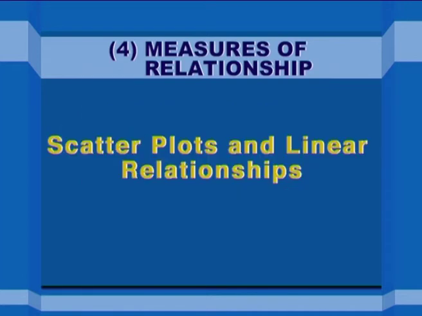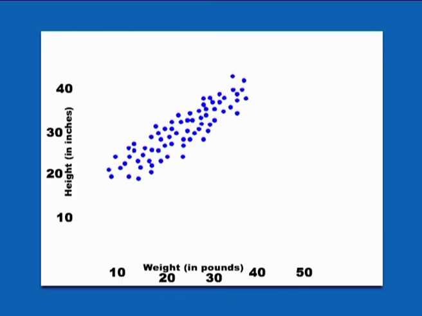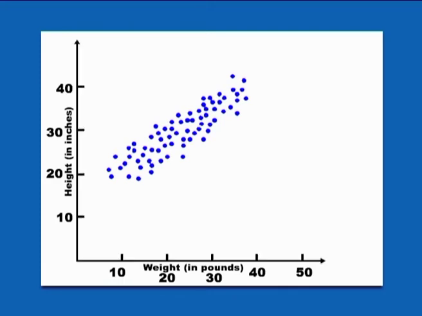Scatter plots and linear relationships can be explained with the help of a scatter diagram. A scatter plot represents each set of paired scores on a two-dimensional graph in which the dimensions are defined by the variables.